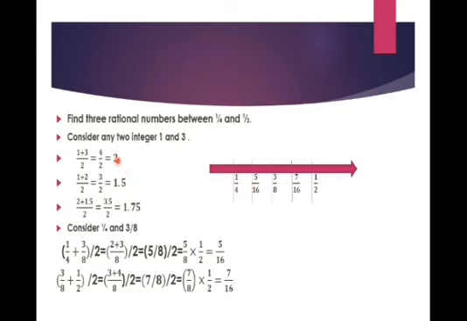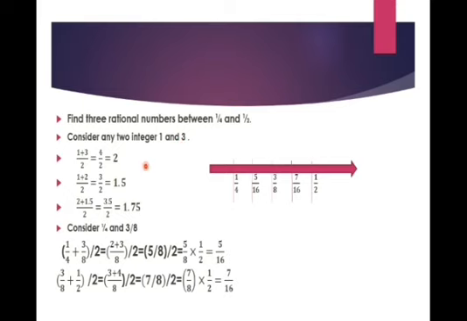Then 1.5 also lies between 1 and 3. If we add the next two numbers, 2 plus 1.5 by 2, 2 plus 1.5 is 3.5, by 2, 1.75. It also lies between 1 and 3. In all cases, these numbers lie between 1 and 3.